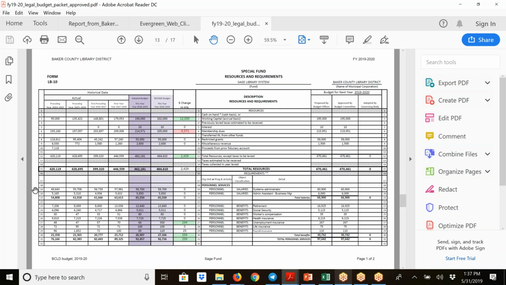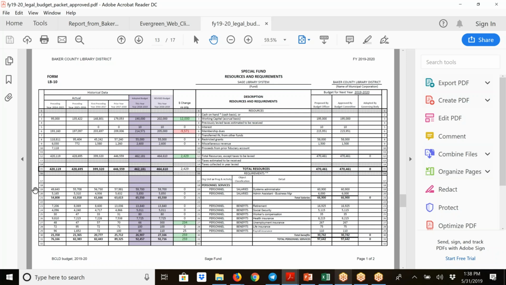So starting at the top, there's more cash carryover than we projected, $12,000 more than the 190 we approved. We changed the pricing tier structure so that we did not collect as much membership dues as we had originally budgeted for, so we're decreasing that by $9,000.